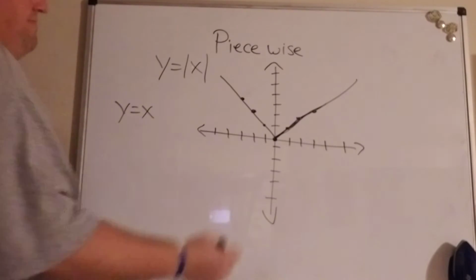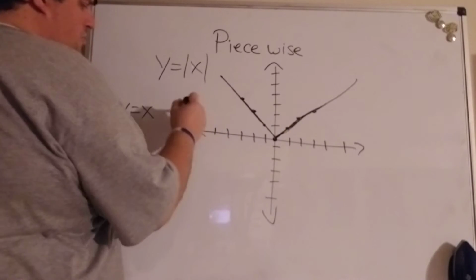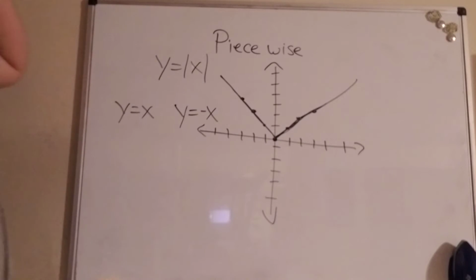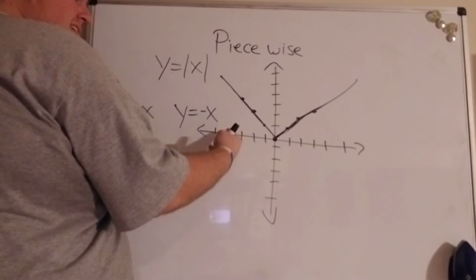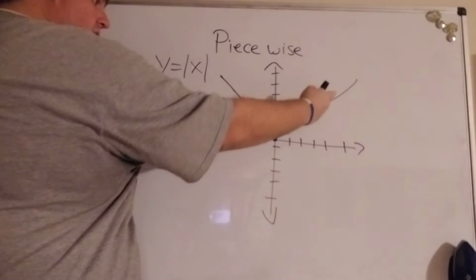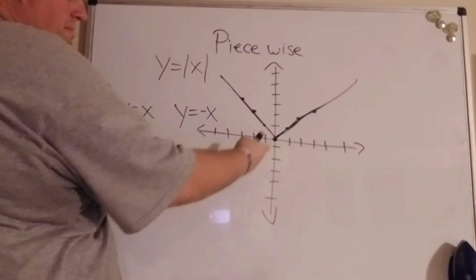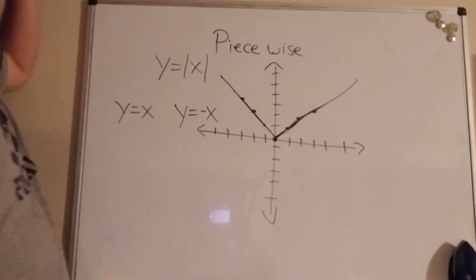But then we also have this line, and this line is actually y equals negative x, because when x is negative, all of these turn out to be positive. In our normal line, y equals x, these would continue to be negative numbers, wouldn't they? But the absolute value is going to make those positive.